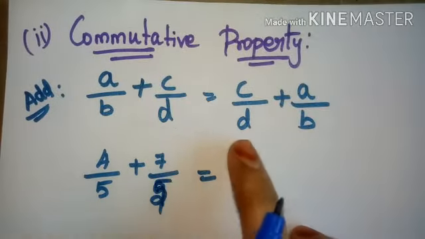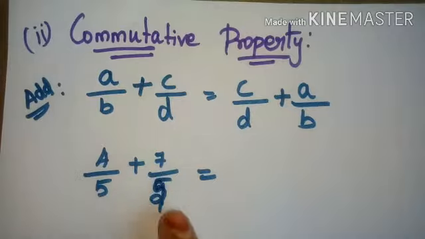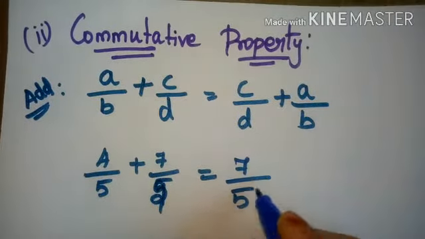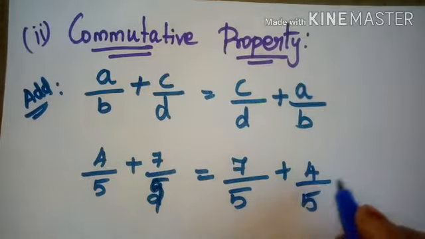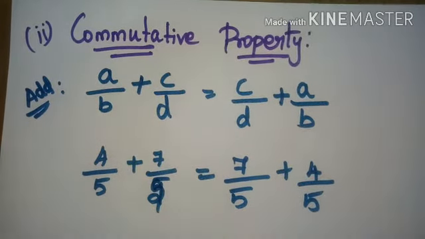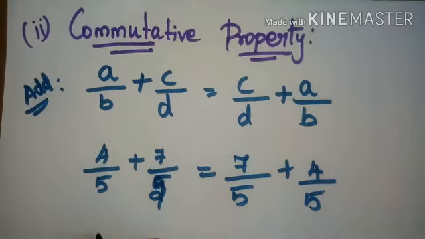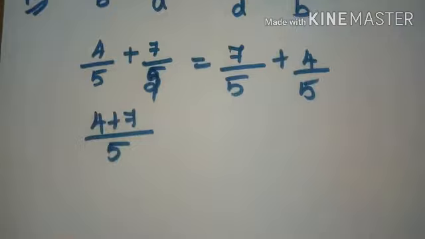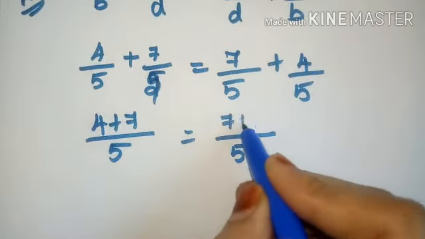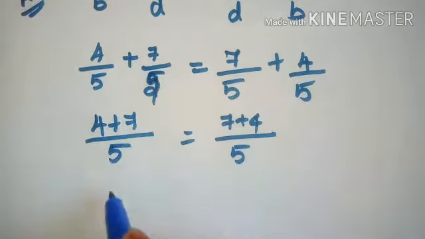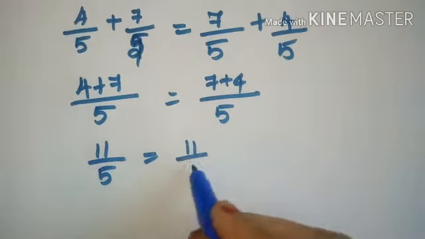Here the second term should be written first on the right hand side. C by D means 7 by 5 plus A by B means 4 by 5. Check whether both are equal and we are getting a rational number or not. 5 is the common denominator. 4 plus 7 equals 11, and the same way 7 plus 4 is 11. So 11 by 5 is equal to 11 by 5.